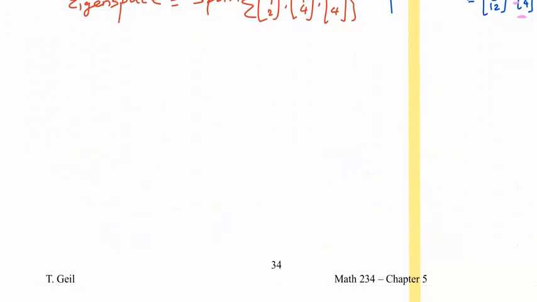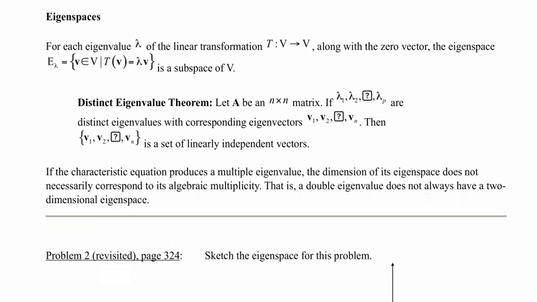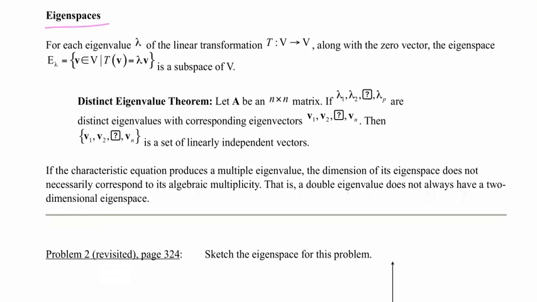Okay, I'm going to talk about eigenspace here since we have a little bit of time. So what is eigenspace? Eigenspace is the span of the eigenvectors, right? For each eigenvalue, from a linear transformation from V to V, along with the 0 vector, the eigenspace is the set of vectors in V where T(v) equals lambda v.